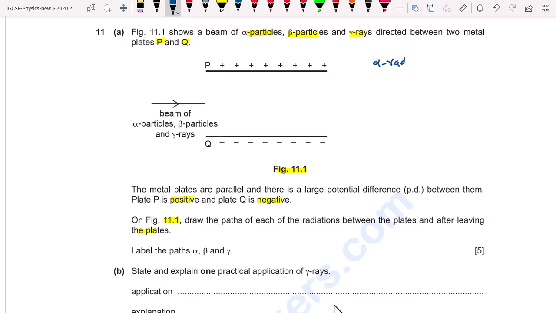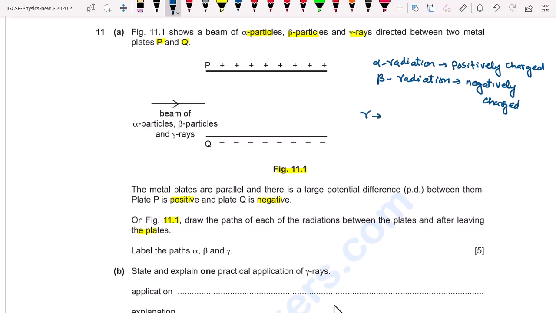First of all, alpha radiations are helium nuclei and these are positively charged. And beta radiations are electrons and these are negatively charged. While gamma rays are neutral and chargeless, they don't have any charge.